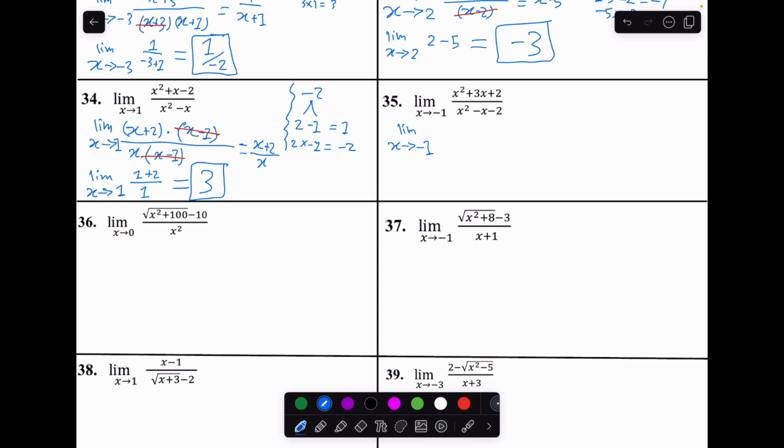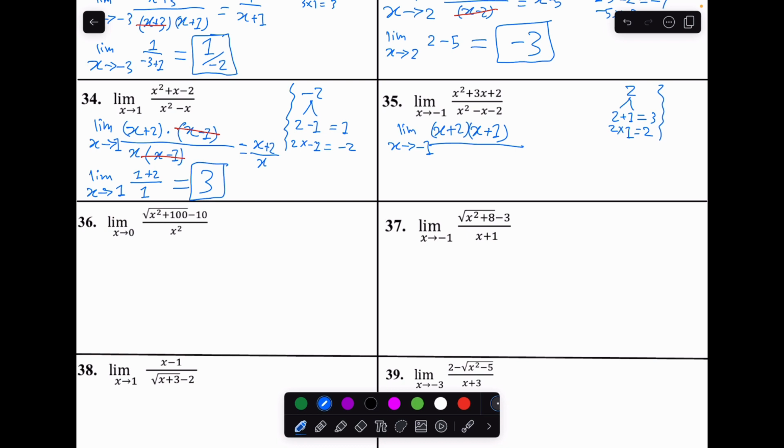x squared plus 3x plus 2. We need two numbers. Their multiplication is 2 and their addition is 3. So let's try 2 plus 1 is equal to 3, and 2 multiplied by 1 is equal to 2. x plus 2 multiplied by x plus 1 over x squared minus x minus 2.